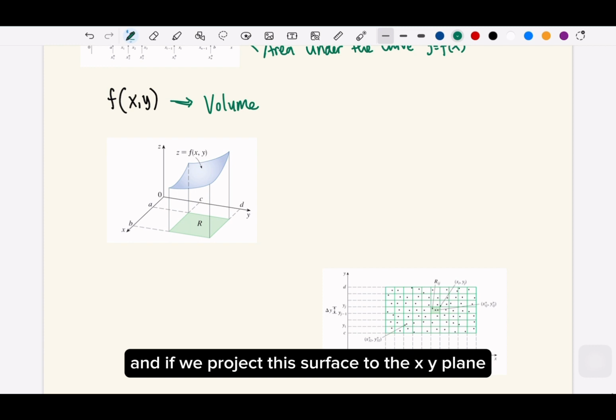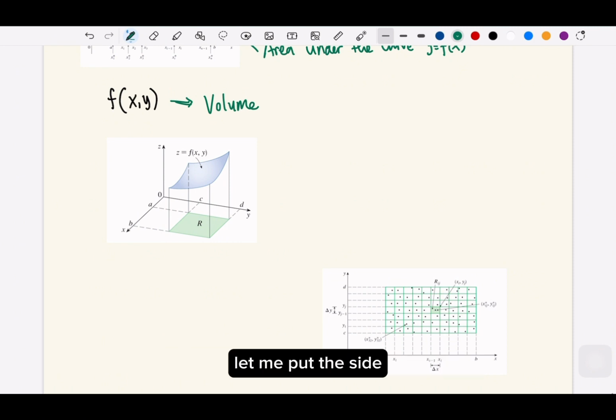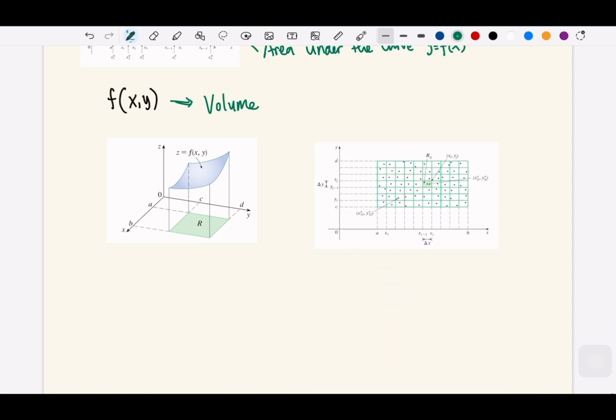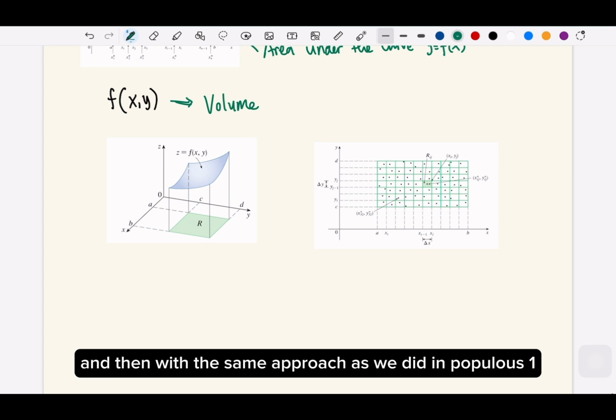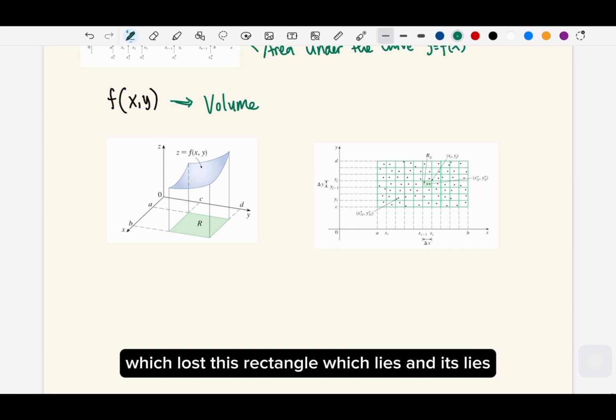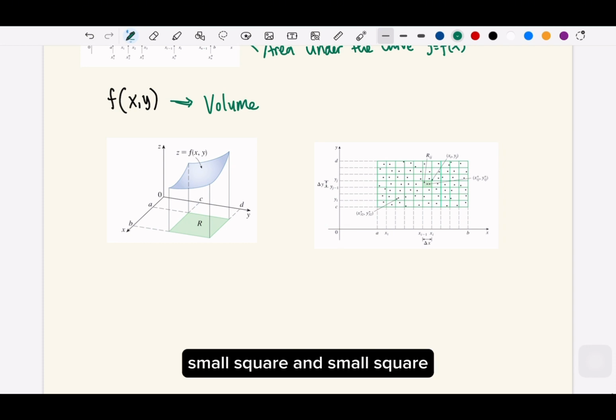And if we project the surface to the xy plane, this is R, and we can project it here, maybe put it beside. With the same approach as we did in calculus 1, we slice this rectangle in the x and y directions, so that we have small squares.